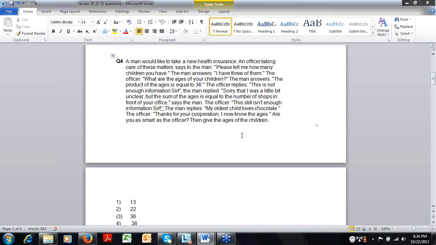Man replied, sorry that I was a bit unclear, but the sum of the ages is equal to the number of shops in your front office. The officer says, still not enough information, sir. The man replies, my oldest child loves chocolate. The officer: thanks for the cooperation. Now I know the ages.